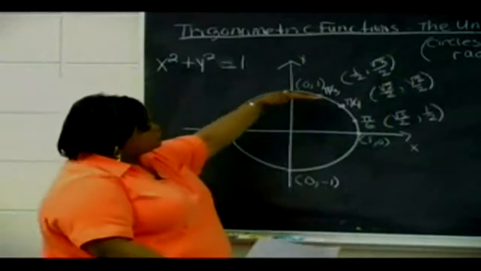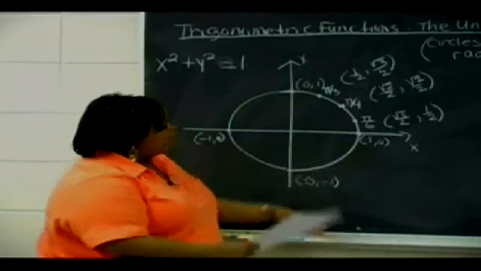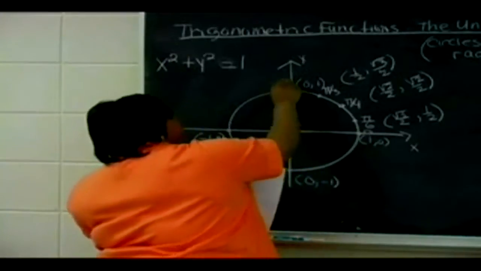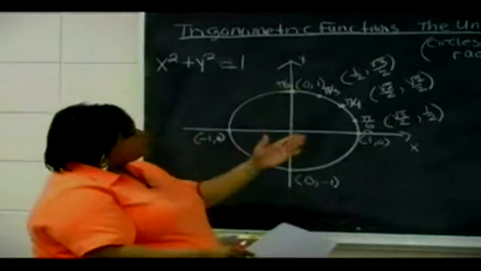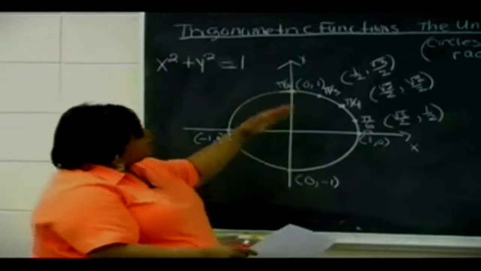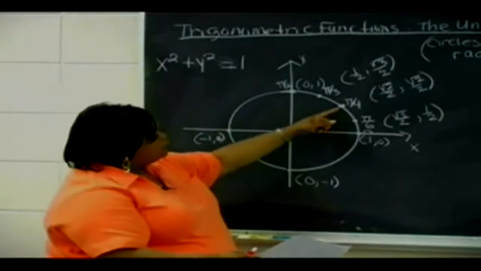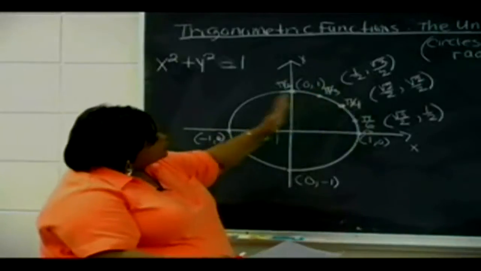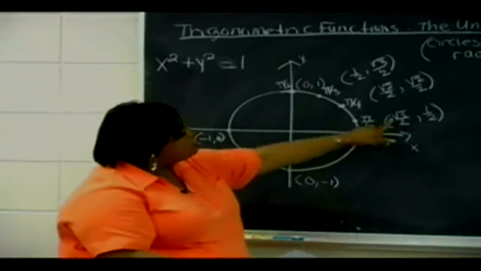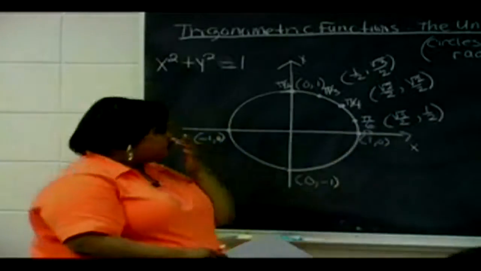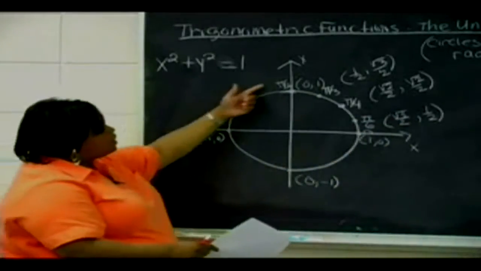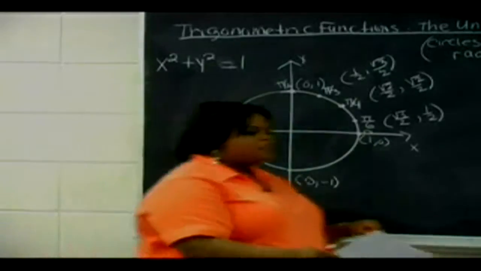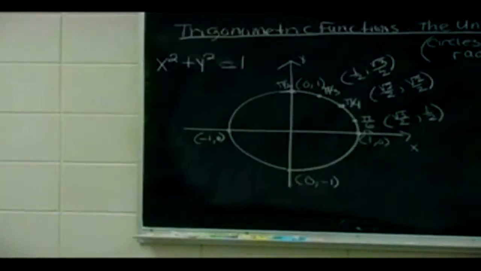So if we look in quadrant 1 here, okay, we have, of course, this is the angle 0, and here this represents the angle pi over 2, or 90 degrees. They also have the degrees here too, okay. This is 30 degrees, 45 degrees, 60 degrees, okay. Notice that this is quadrant 1. Remember, in quadrant 1, our x's are positive and our y's are positive. In quadrant 2, the x's are negative and the y's are positive. These quadrants copy each other, okay? If you look at your unit circle, you can see a pattern, can you not?